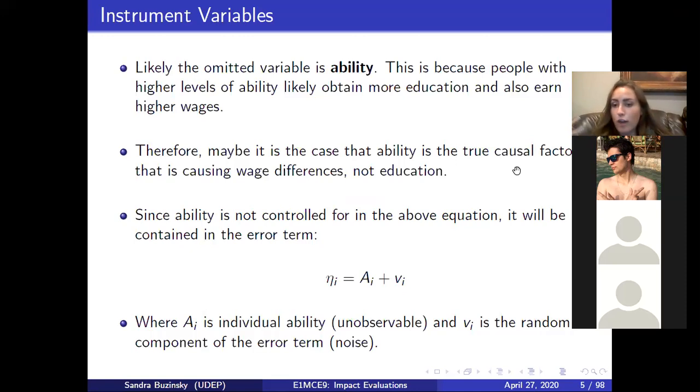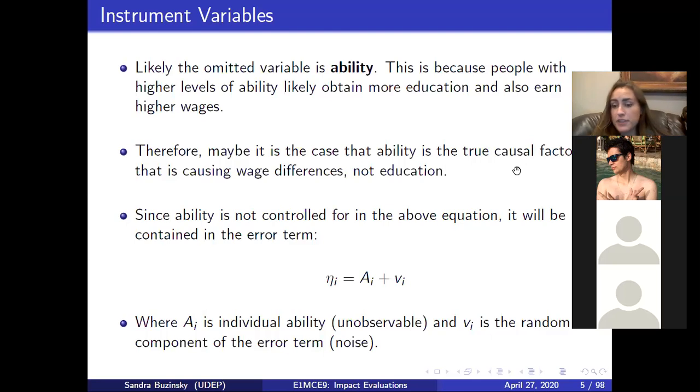So then, if we have omitted variable bias, we aren't obtaining a true causal effect because, as we said, our estimate of beta, our estimated effect of education on wages, is higher than it actually is in reality. So therefore, we're overestimating, and that means we don't have causality.